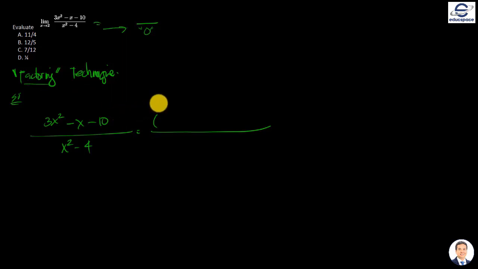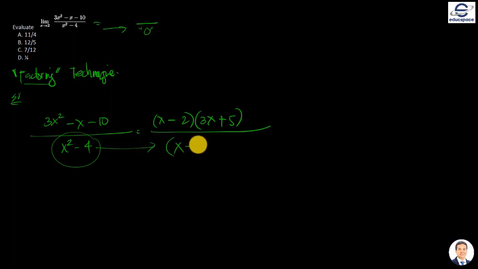The numerator, we can factor with (x minus 2) multiplied by (3x plus 5). And then in the denominator, we can also factor this one as (x minus 2)(x plus 2). Again, this will cancel out, and what we have here is (3x plus 5) over (x plus 2).